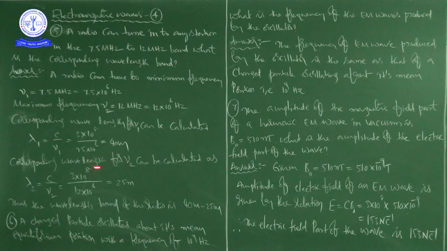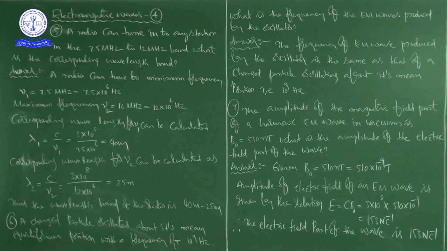Why? Because 7.5 into 10 power 6 is 75 into 10 power 5, and the 10 power 5 goes to the numerator as 10 power 3, which means 1000.